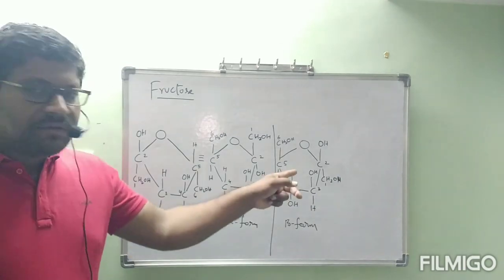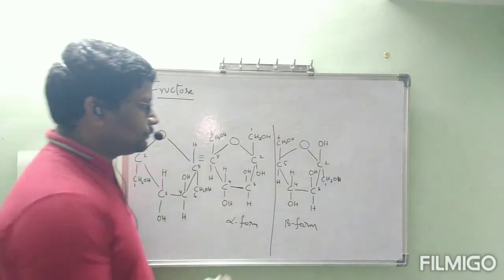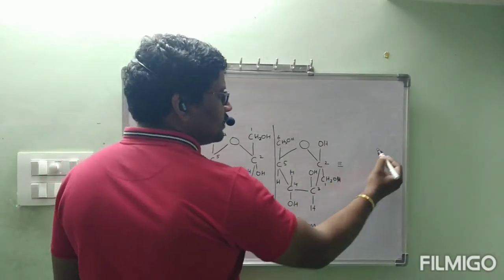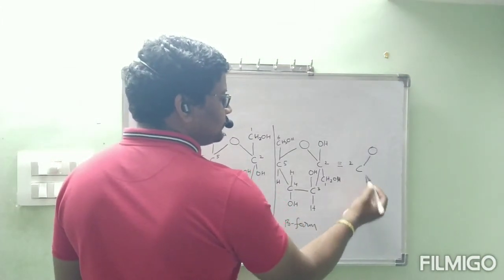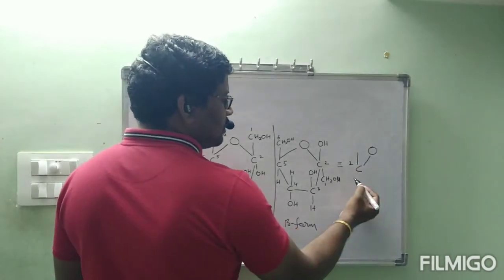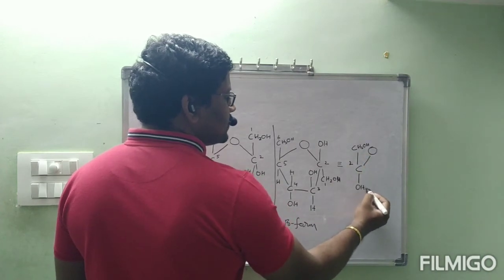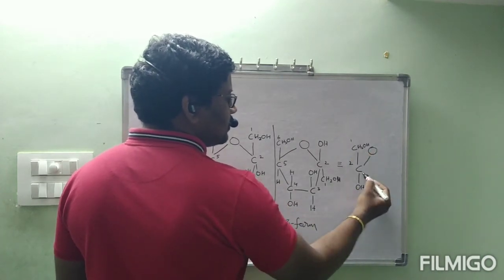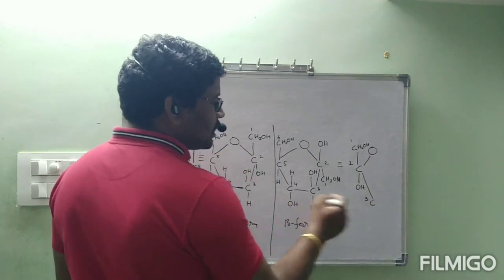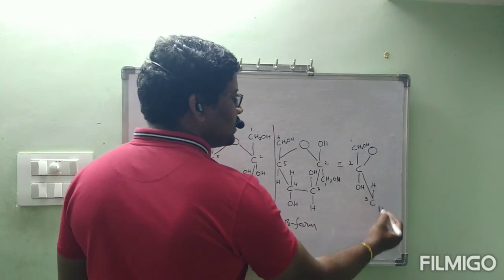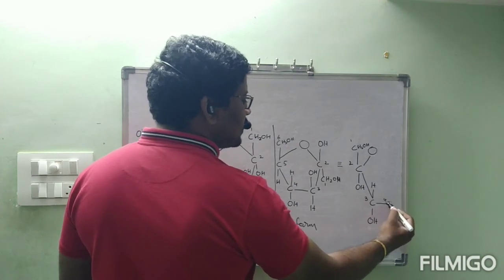Before that, shall we write this beta form also by writing second carbon on the left side? See, this is equivalent, concentrate on oxygen. On the left side we are writing second carbon with CH2OH above, OH below. Next, the second carbon is bonded to third carbon. Third carbon: H above, OH below. Third carbon is bonded to fourth carbon.